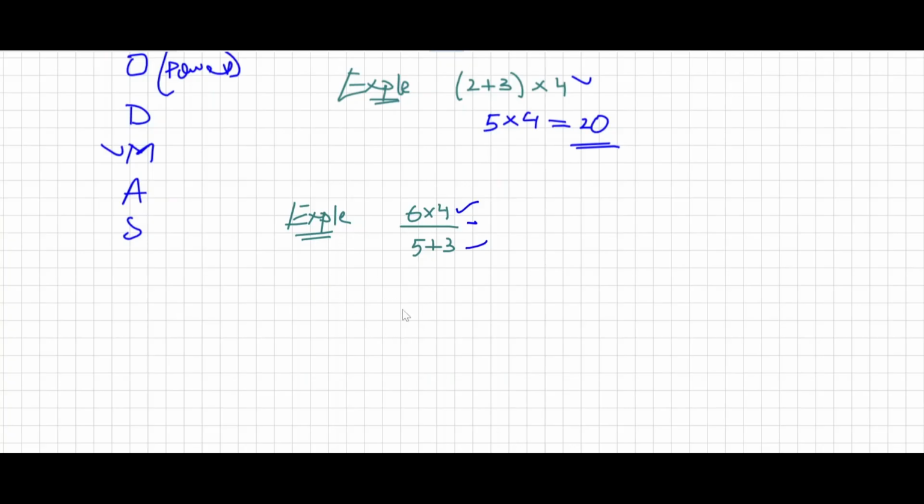Let's do the numerator first, then the denominator. 6 into 4 will give you 24. And for 5 plus 3, it will give you 8. So in the end, what will we get? 3.